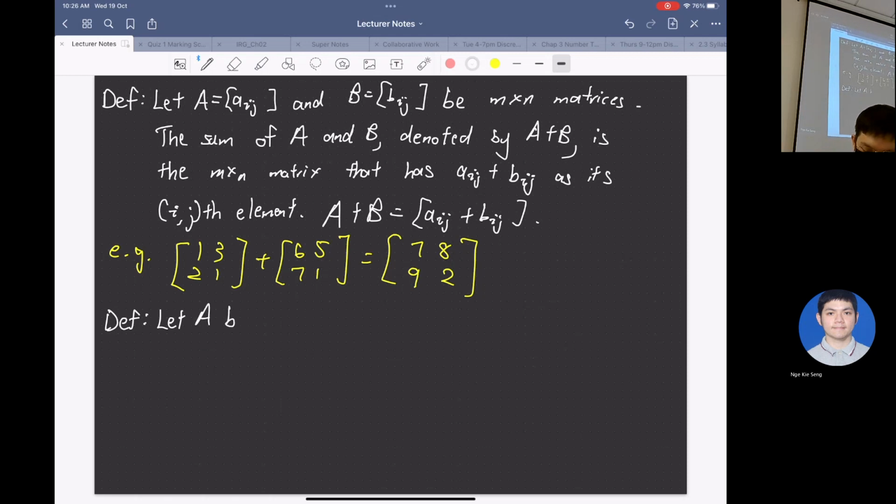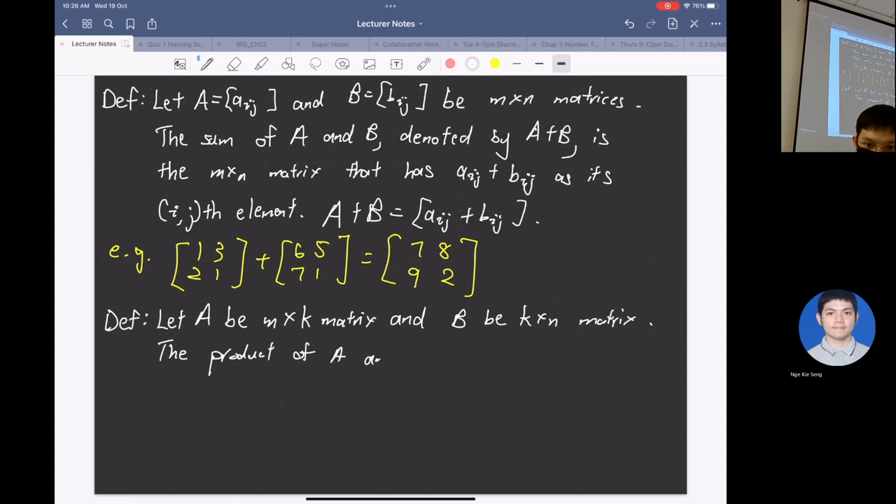One size is m times k, and the other size should be k times n, so that the product AB is an m times n matrix.